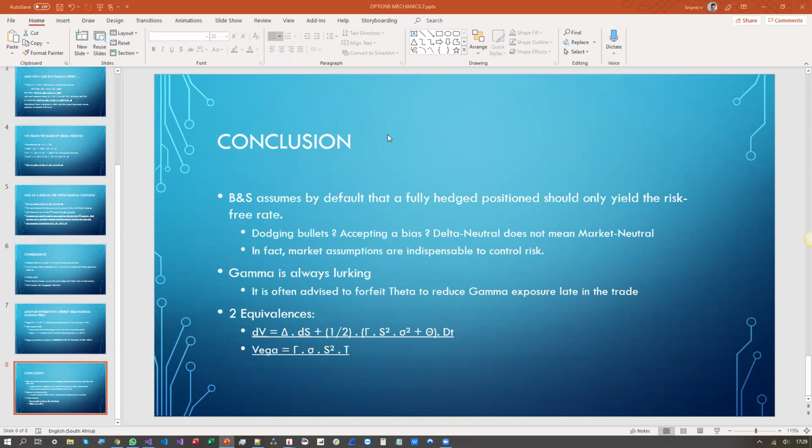Where did I learn deeper meaning about Greeks? Well, I love math. You know, I was a quant. Actually, options were almost my first love before I ventured onto other asset classes. I've modeled options for the last 25 years.